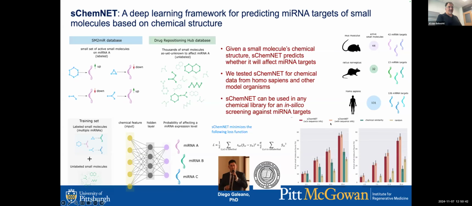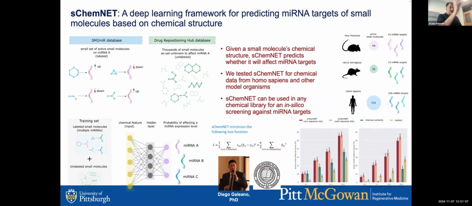It's a tougher problem to crack, which he was able to do. The reason is that the databases have very little data available on what molecules might target microRNAs. I won't go into the details of this AI/ML tool, but the idea is that using his tool, we can predict potential small molecule drugs that could target the microRNAs.